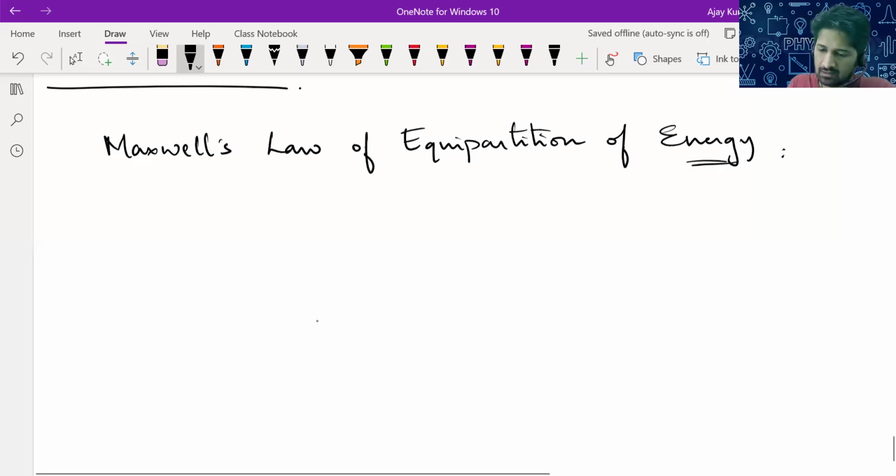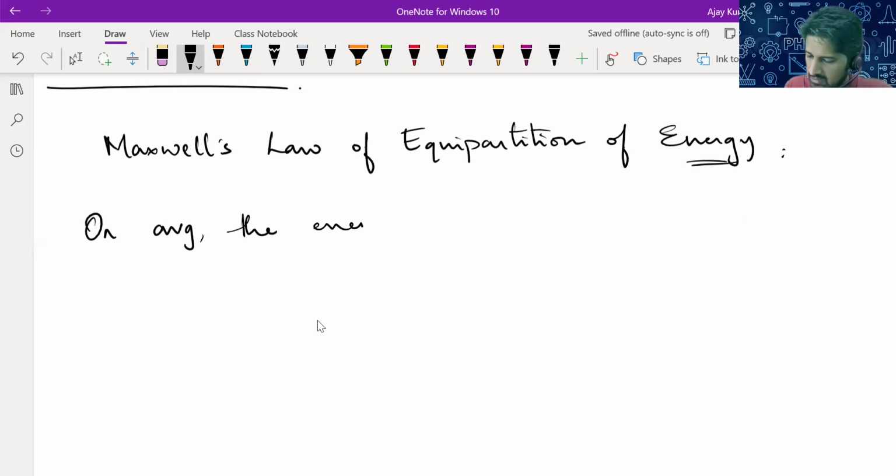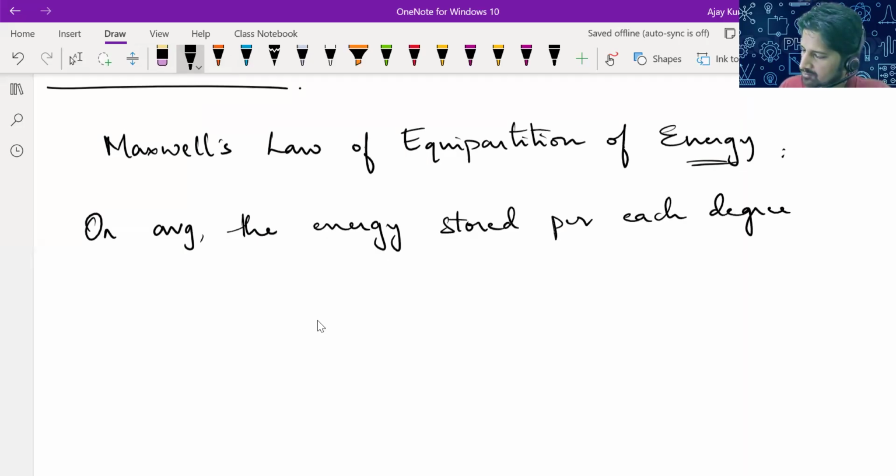What does it state? On average, the energy stored per each degree of freedom is the same.